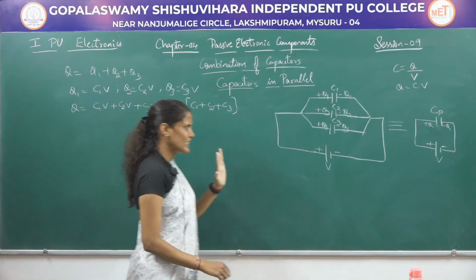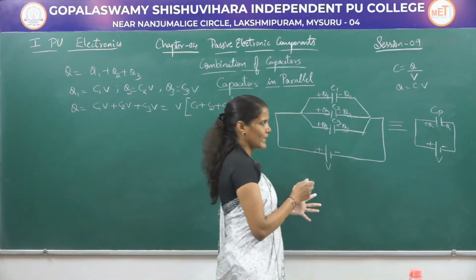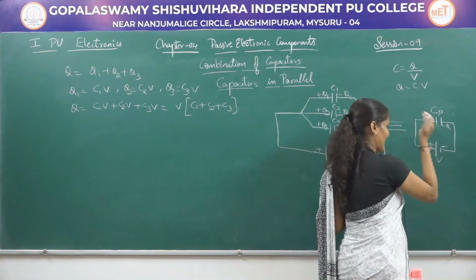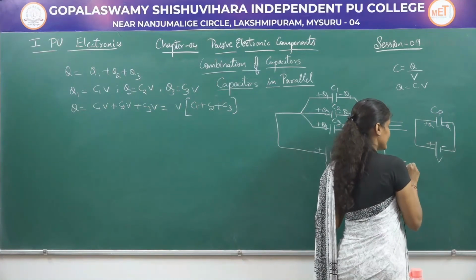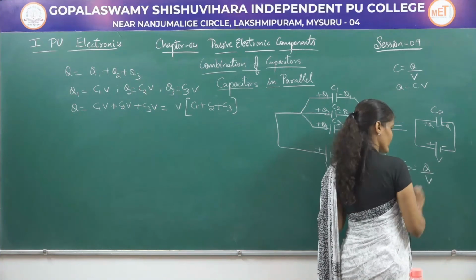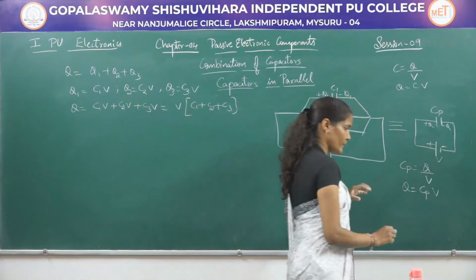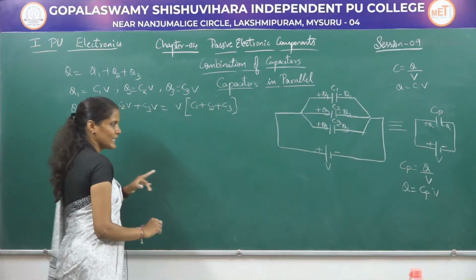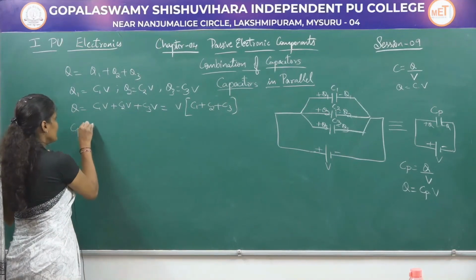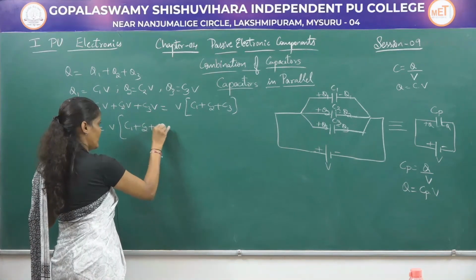But coming to the equivalent circuit of these three capacitors connected in parallel, the relationship between the voltage, capacitance and the charge can be written as Cp is equal to Q divided by V, or Q is equal to Cp into V. So let us replace Q by Cp into V. So Cp into V is equal to V of C1 plus C2 plus C3.